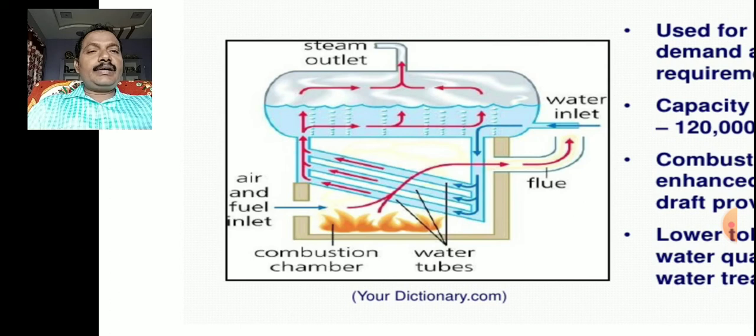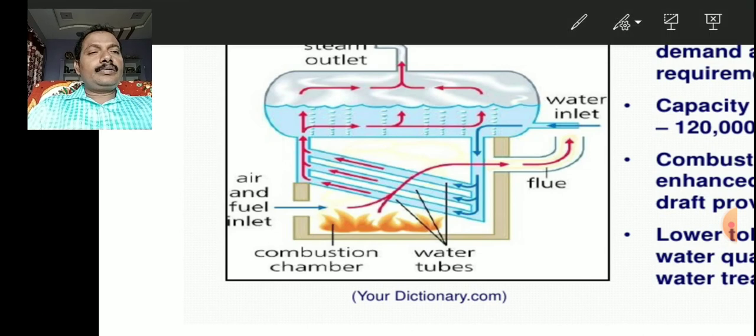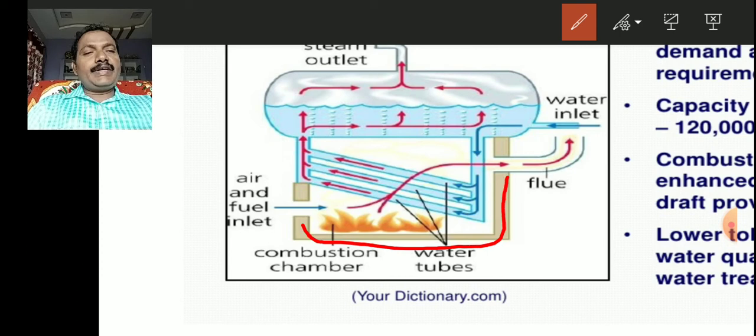So this is the boiler drum, and this is the furnace. This is the furnace area, and air and fuel, that is coal, is pumped into the furnace and heat is produced. This fire will heat up the water flowing through the pipes.